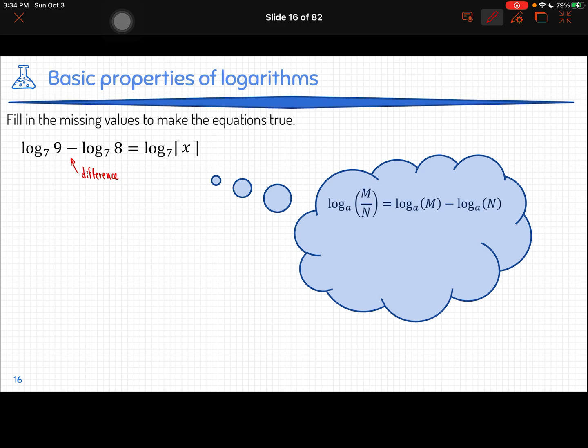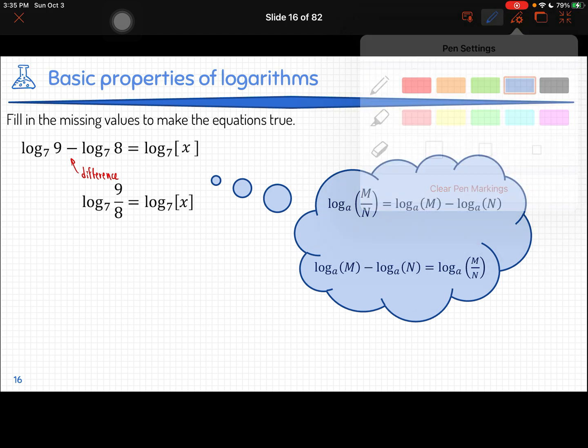So this is the one that we know. The difference of these two logarithms is equal to the logarithm of the quotient. So we can write this in this way in order to see that we are going from the difference into the quotient. With that, we can go now into this. This 9 goes to the numerator and the 8 goes to the denominator.